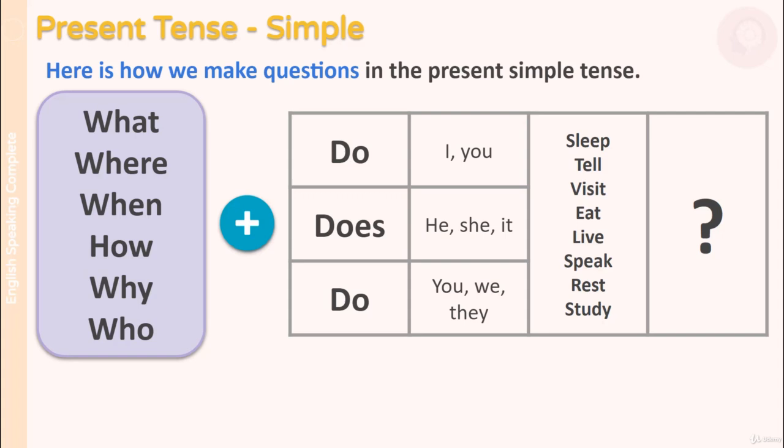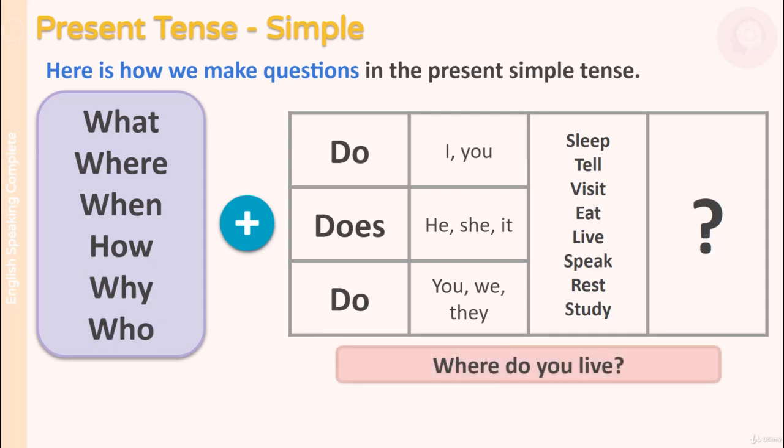So we have our question word, our auxiliary verb, plus the pronoun, plus our verb. So let's take a look at one of the examples. Where do you live? A really simple, basic question, but something that you would probably use a lot. I use it a lot in my daily life as well. Where do you live?